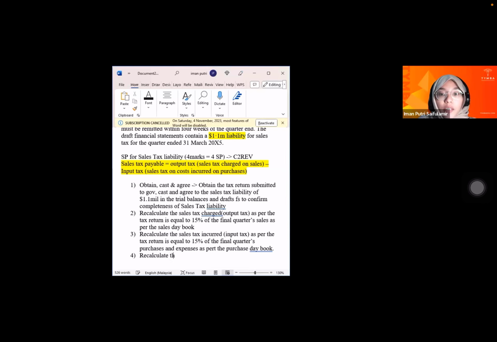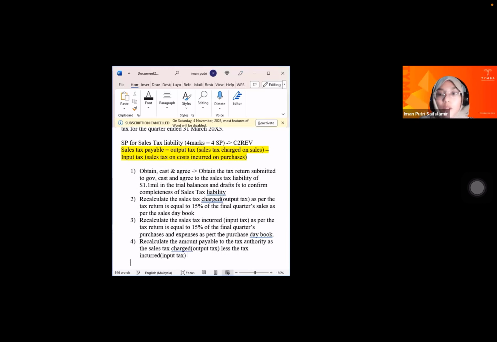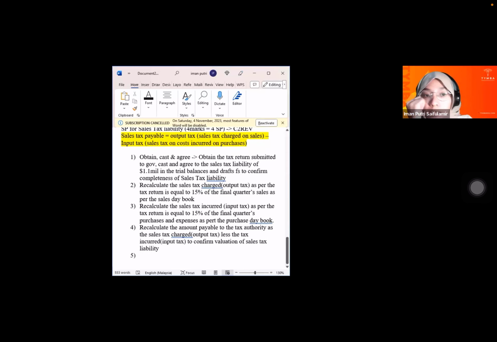So we will recalculate the amount payable to the tax authority as the sales tax charged, or the output tax, less the tax incurred, which is the input tax, to confirm valuation of sales tax liability. Okay guys, clear? The first point is to confirm the completeness. These three points are mostly to confirm the valuation.